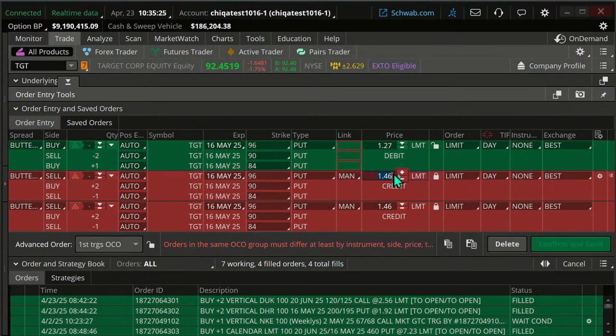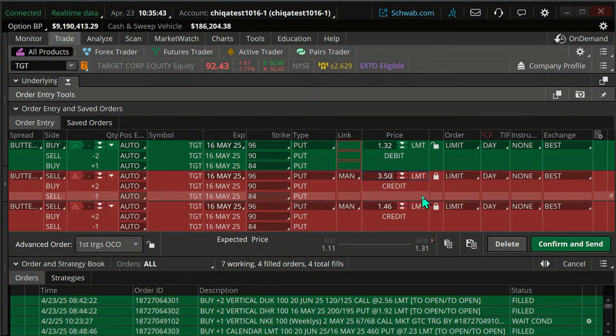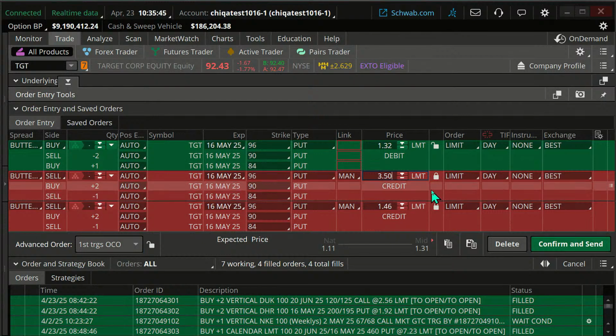Yeah, $350 would be our target. That's an initial debit. I want to sell it for a limit of $350. Okay. And hold on, why is that showing? That's my debit.